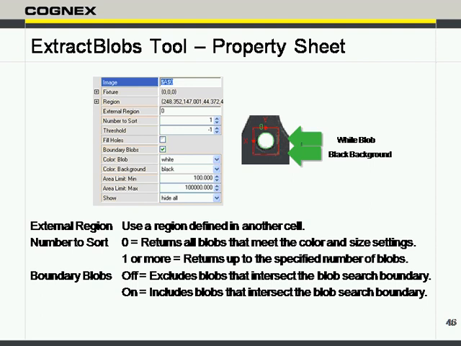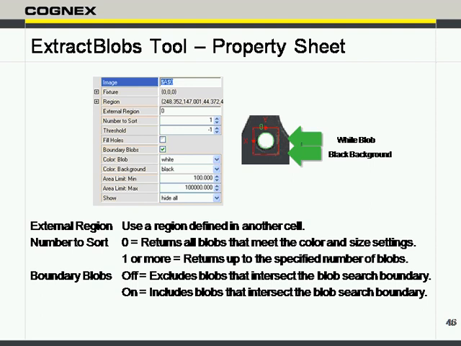A little bit different functionality here. What we're doing here is looking at pixels that touch each other and are of the same intensity, whether they're light or dark, black or white. We are looking in this area for these contiguous pixels in here.